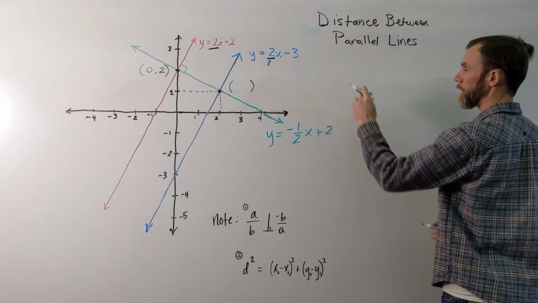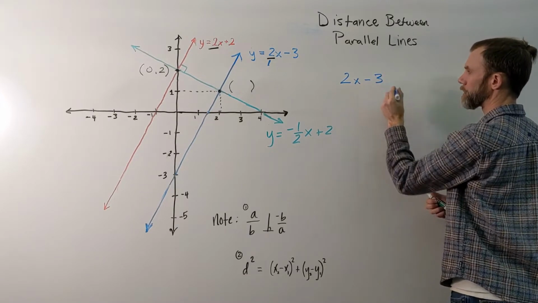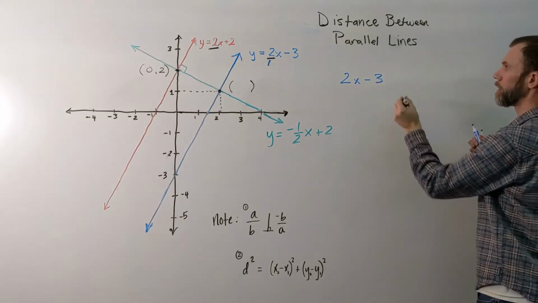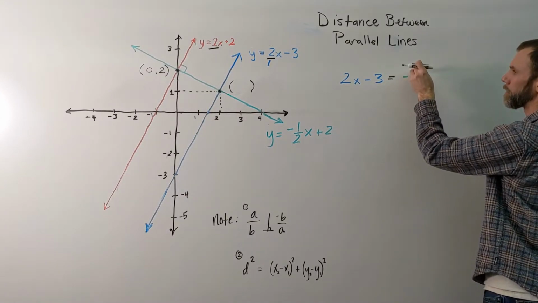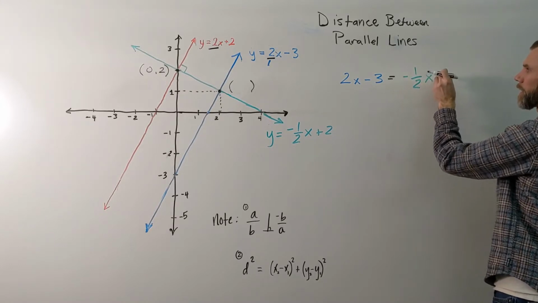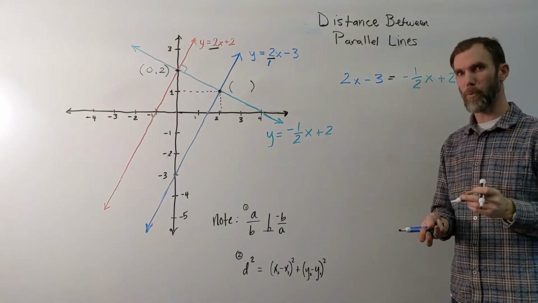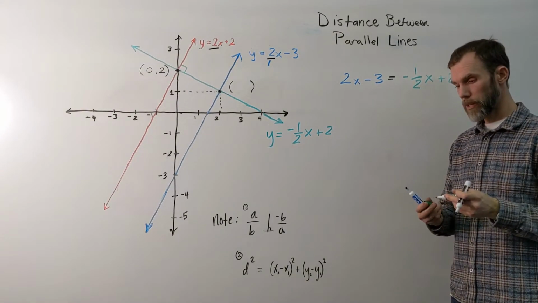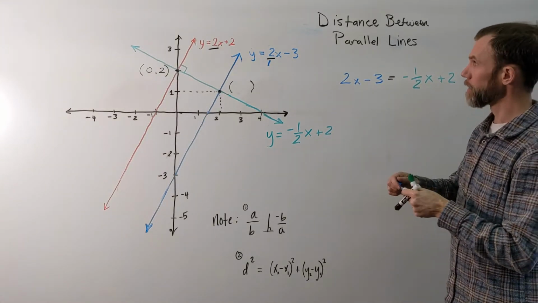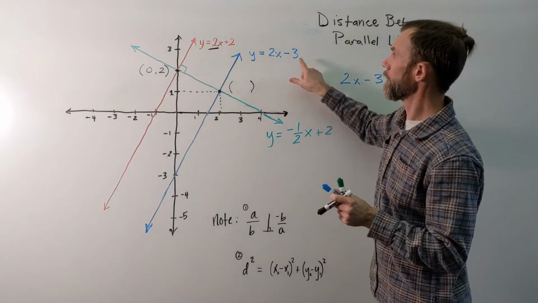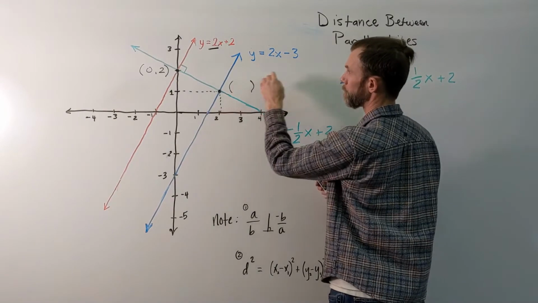We're going to set the blue equation, 2x minus 3, equal to the green equation, which is negative 1/2 x plus 2. Now I want to take a minute to describe why systems of equations work so well. When we consider just the equation of a line, let's take this blue line, the slope is 2, that's the steepness.